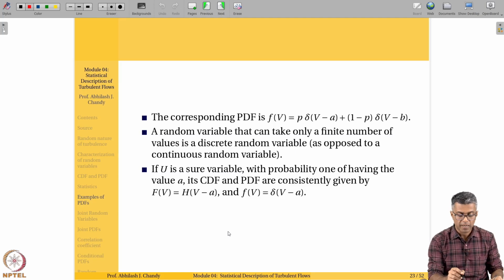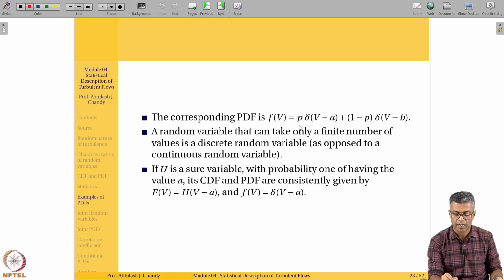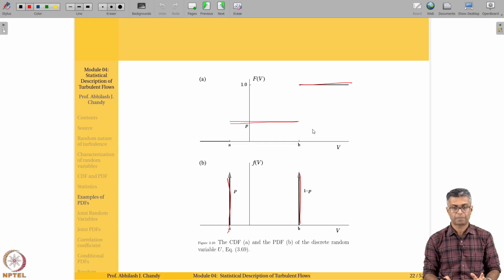If you take the PDF of this discrete random variable, you are taking a derivative of the Heaviside function, and that is why you get a delta function. Here it can only take a finite number of values, so that is why the graph looks like this.